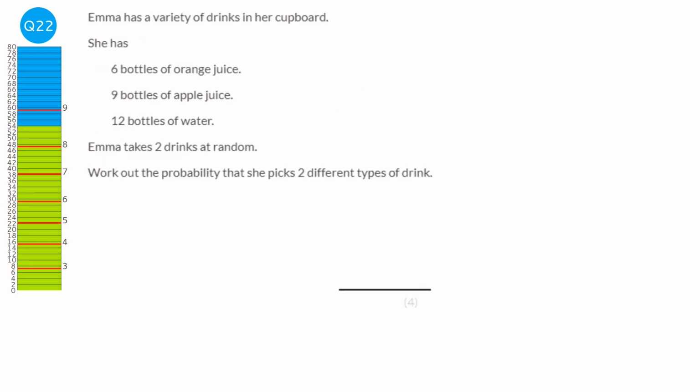We're going to start by working out what outcomes will give us two different types of drink. So we could have OA or AO. We could have AW or WA, and we could have OW or WO.